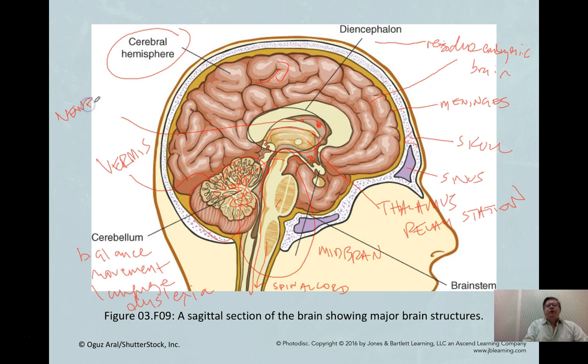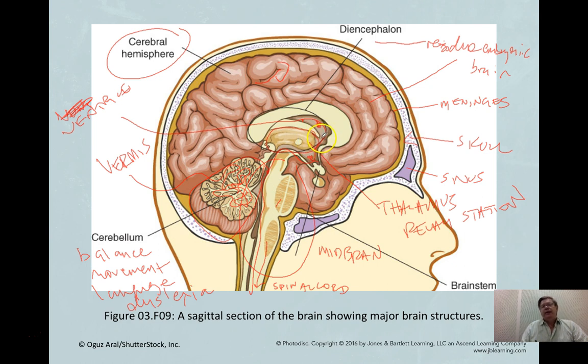So they're full of cerebrospinal fluid. And the purpose of the ventricles is to drain away any excess fluids from inside the skull and the brain, but also to give buoyancy to the brain itself.